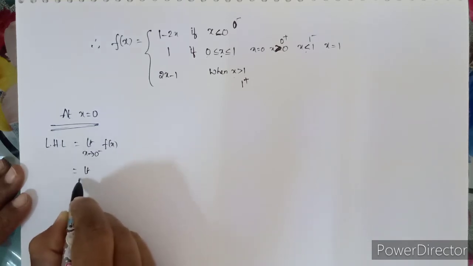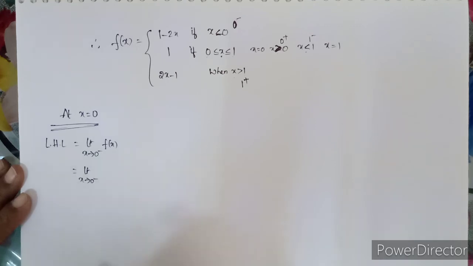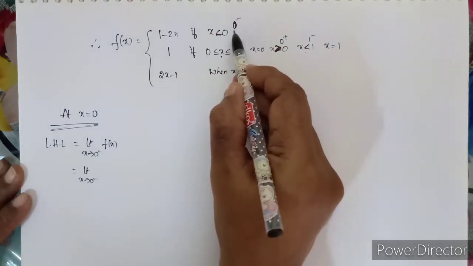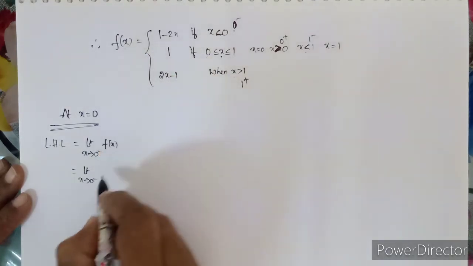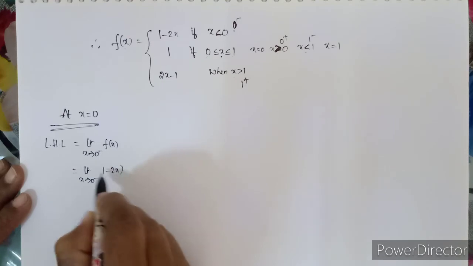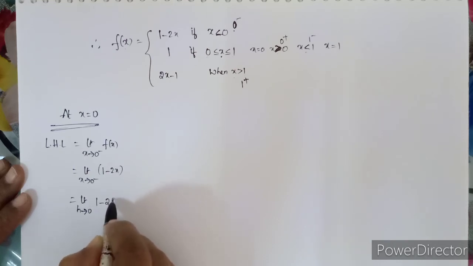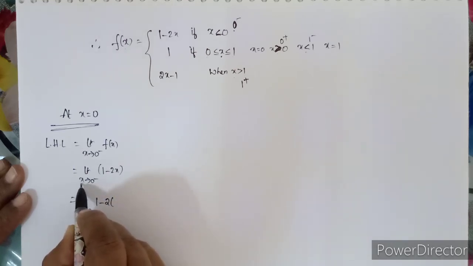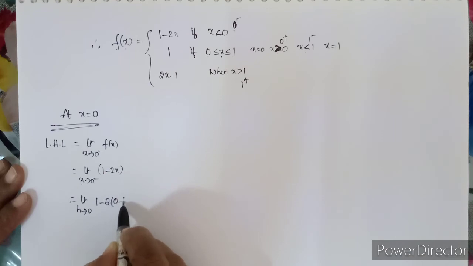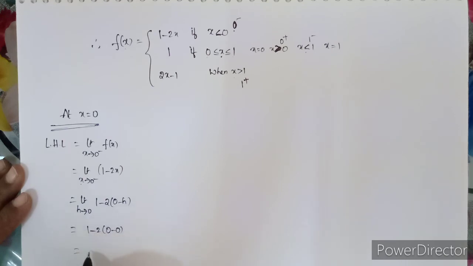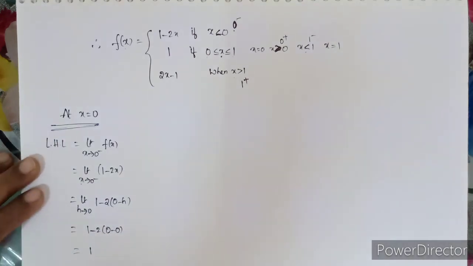When x is in 0 minus, f of x is equal to 1 minus 2x. Now we convert this into h. Limit h tends to 0, 1 minus 2 into, in place of x we write 0 minus h. Put h equal to 0. So we got 1. Left-handed limit is 1.